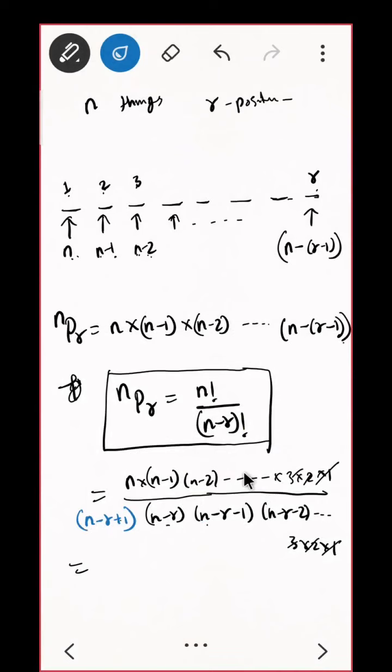Means the term remaining will be n minus r plus 1. Can I take minus common from this? Do you think the same thing is here? Correct? Means after that everybody will get cancelled, and you are remaining with this term and others. Do you agree?